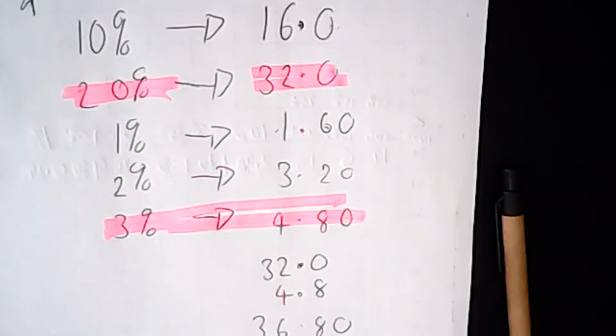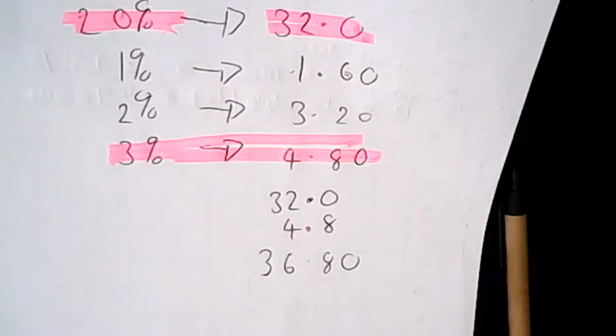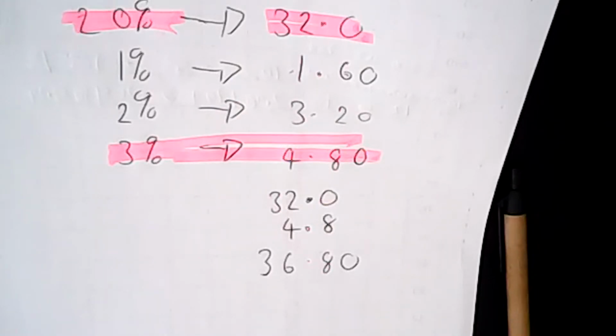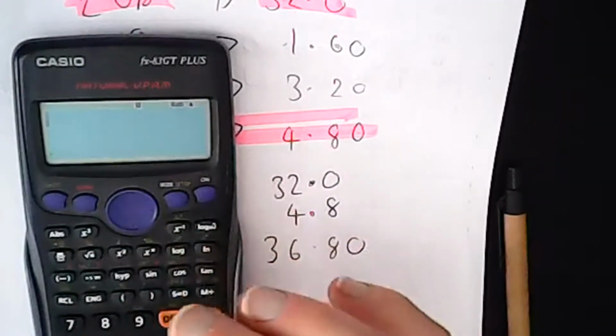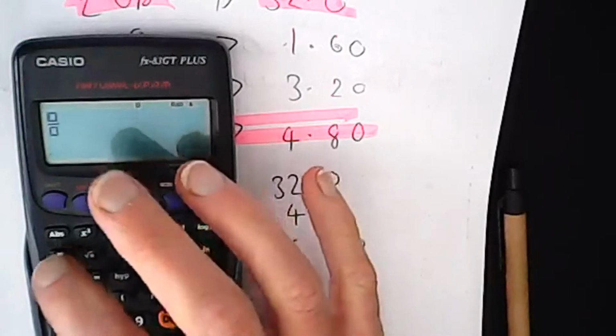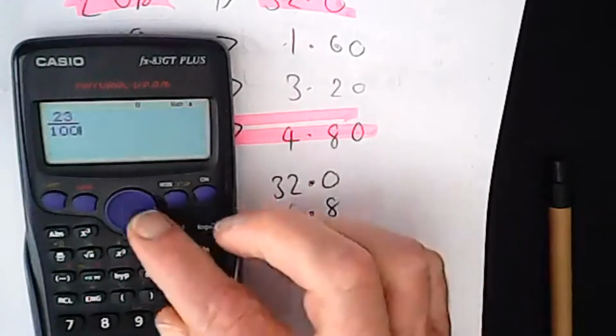Okay. Now, if I was to do that on the calculator, what I would be doing is going, okay, on the calculator, 23% is the same as 23 out of 100. So I could use this little button here, 23 out of 100.